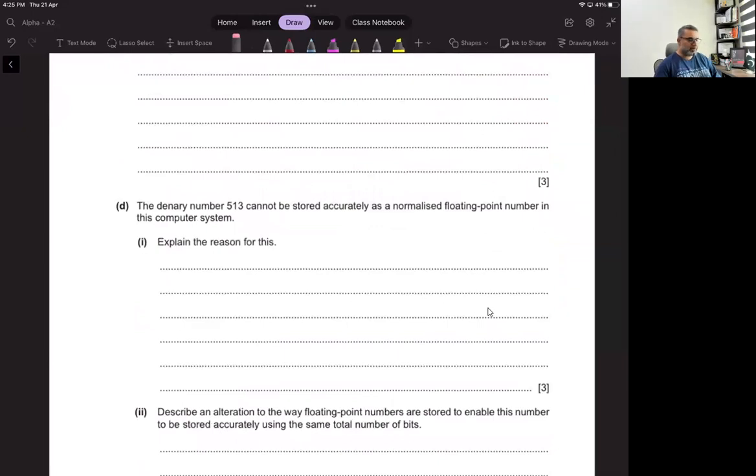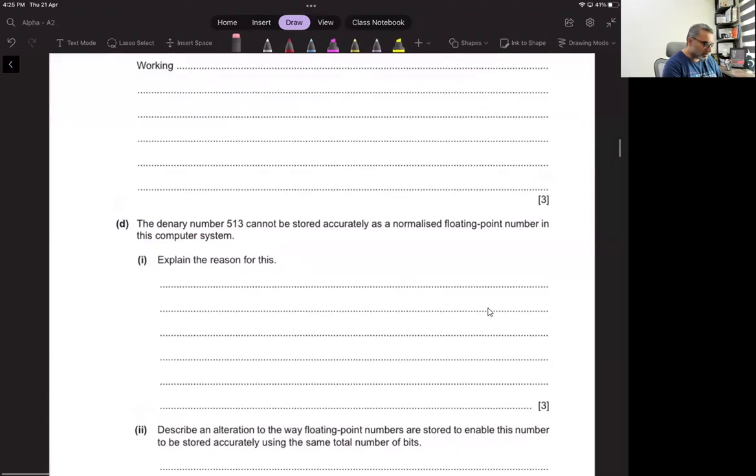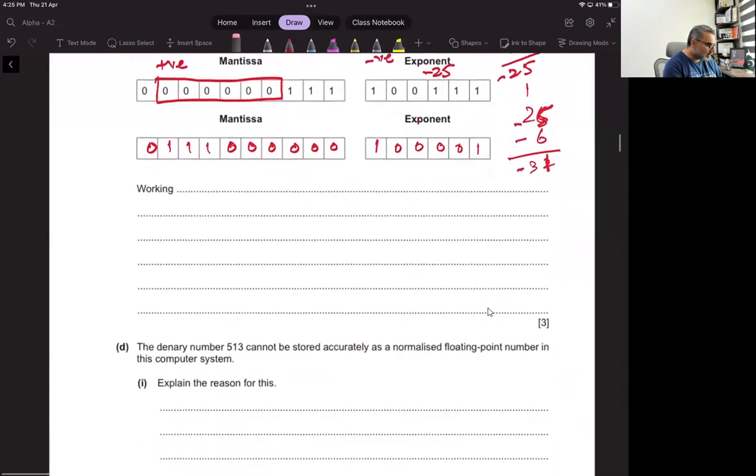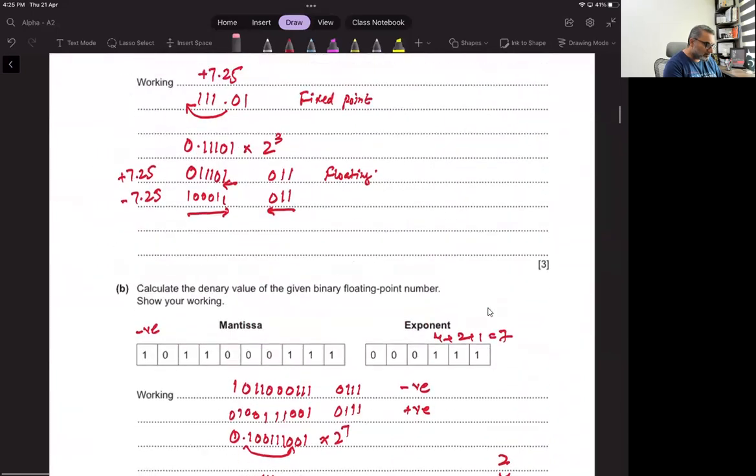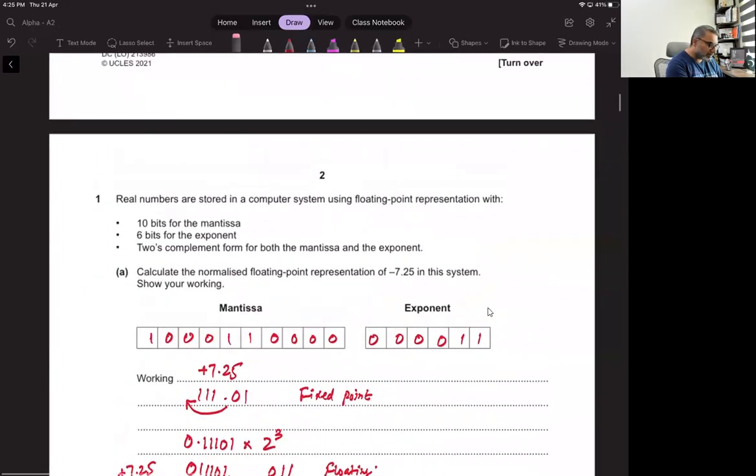The denary number 513 cannot be stored accurately as a normalized floating point number in this computer system. Explain the reason for it. So 513 requires, we have got only 10 bits for mantissa.